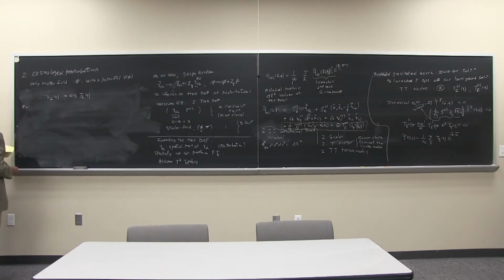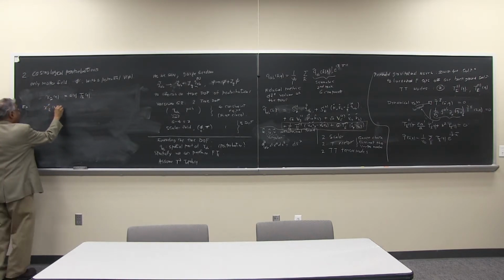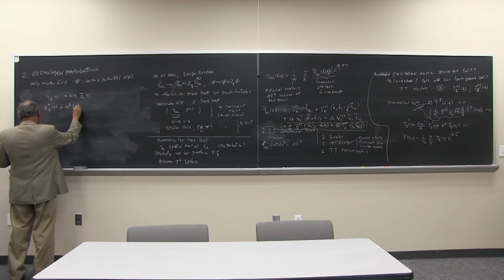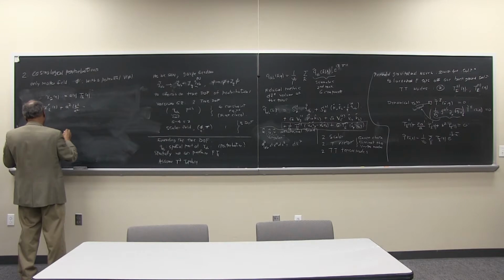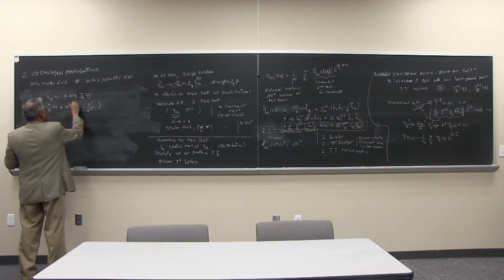It's a two-line calculation. That chi will satisfy chi double prime k of eta plus [k squared minus a double prime upon a] times chi k equals zero.